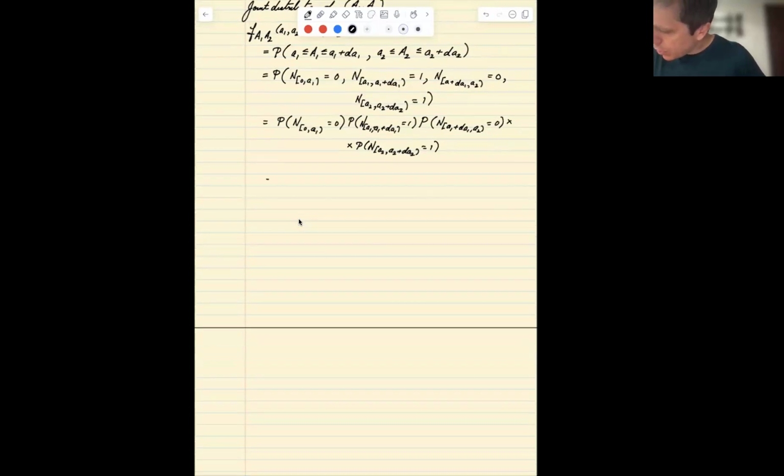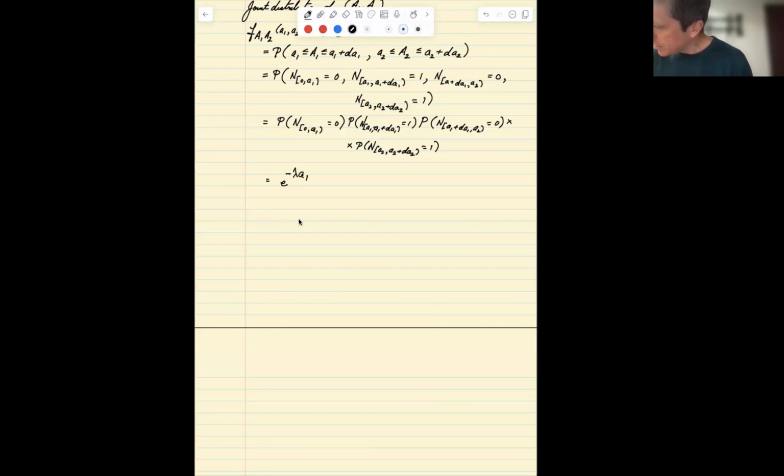These are all Poisson, with rate lambda times the width of the interval. So the probability of 0 is e to the minus lambda a1.